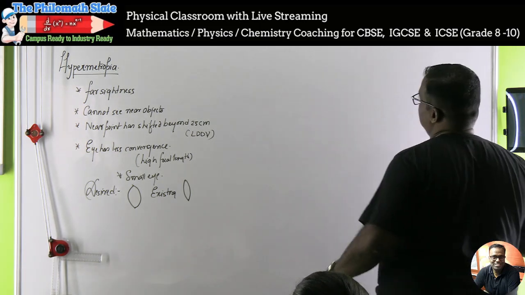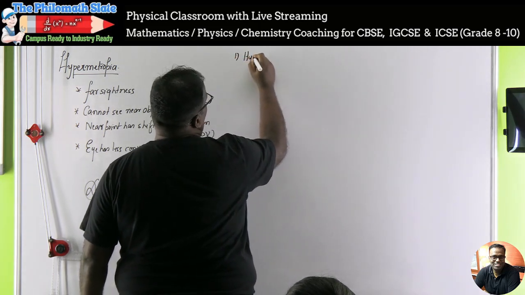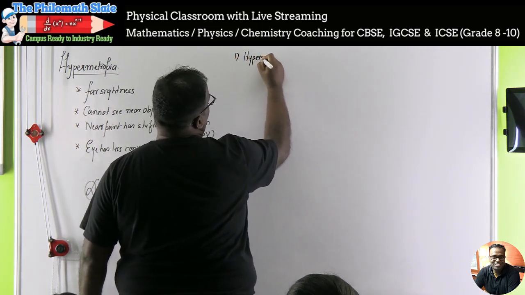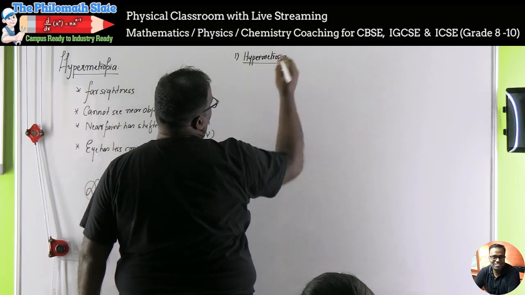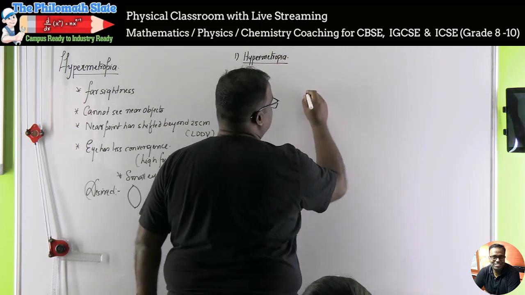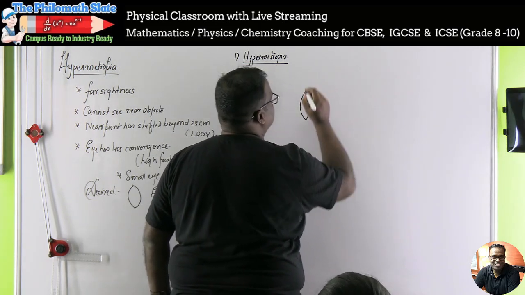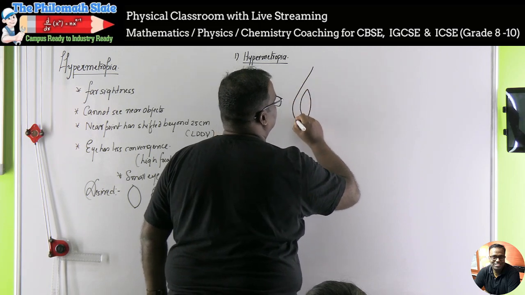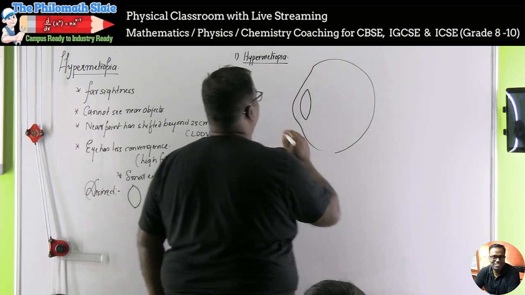So let's first draw a diagram, and we'll see a hypermetropic eye. Hypermetropia. So what is happening in a hypermetropic eye is, this is the eye lens, and let's say this is the eyeball, right?